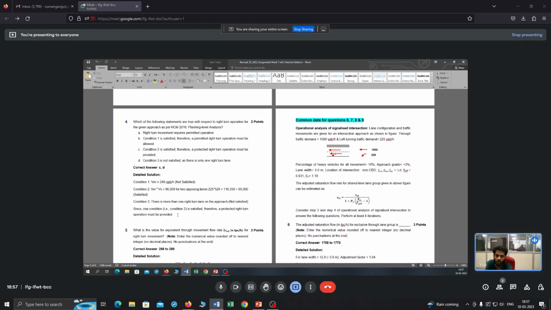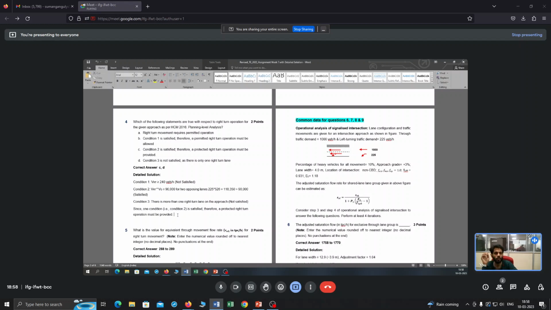If that is the case, your opposite movement traffic volume is also high, that means there is a chance that collision will occur, right? Because that multiplication factor is very high. So that's why for that we need a protected right turn, not permitted. So suppose you have more than one right turn lane, so there it may not also cause that kind of inconvenience.